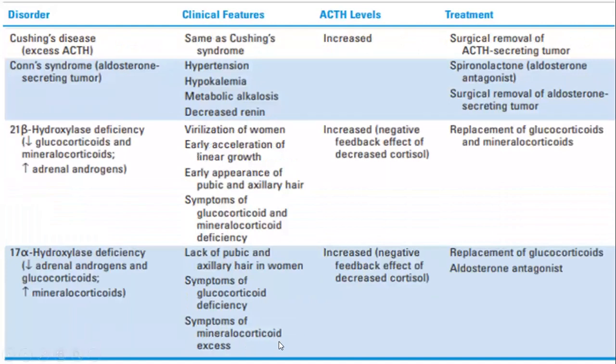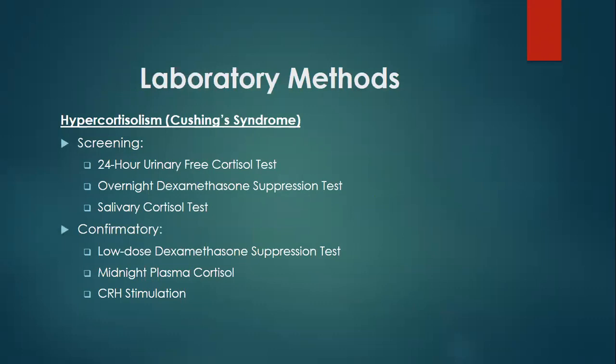So let's discuss briefly the different laboratory methods, and how we usually detect these disorders. So we have what we call hypercortisolism or Cushing syndrome, which I have mentioned a while ago is caused primarily by excessive production of cortisol and ACTH.